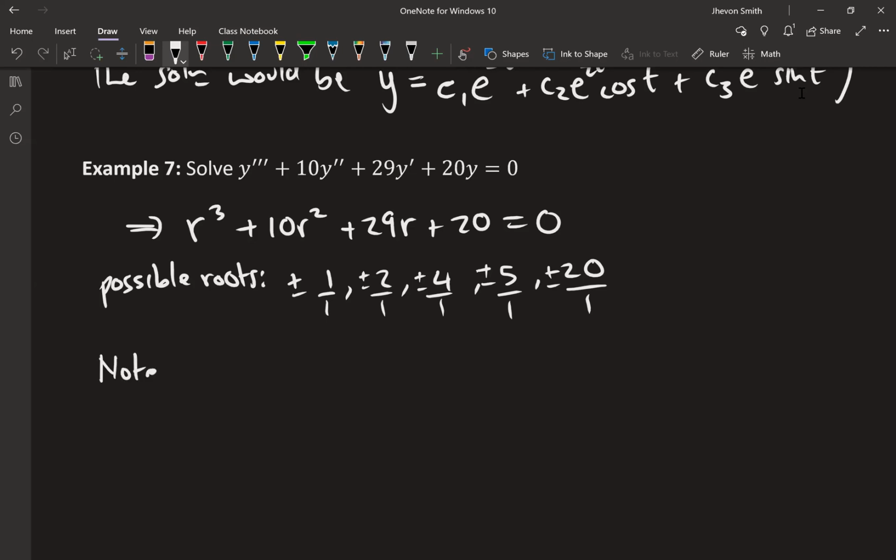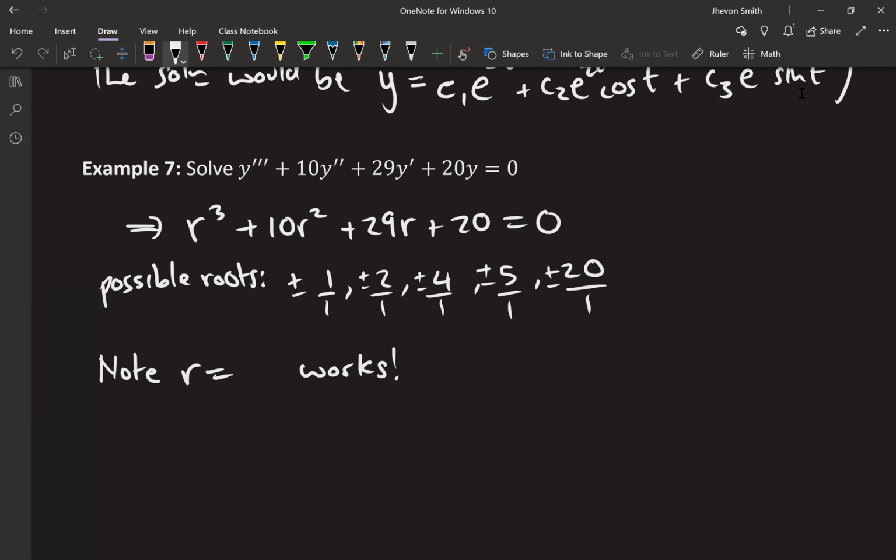Now, I want to see if r equals something works. Definitely none of the positive numbers are going to work because I'm just going to be adding up a bunch of positive numbers and I'm not going to get 0. So maybe -1.